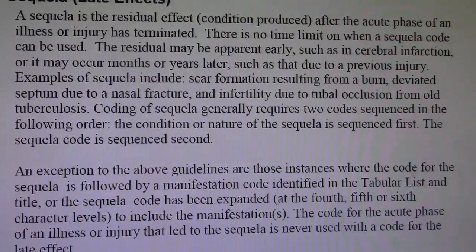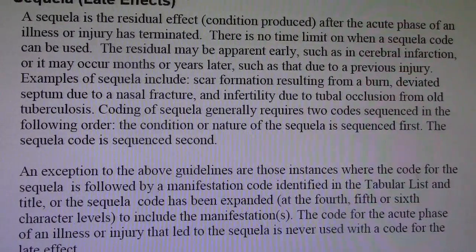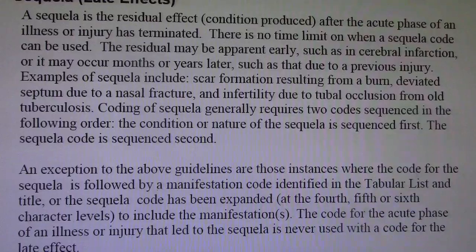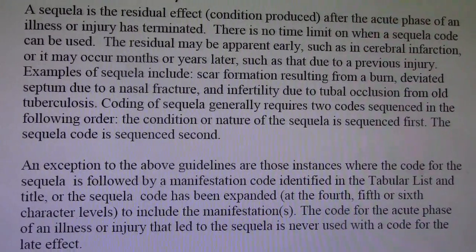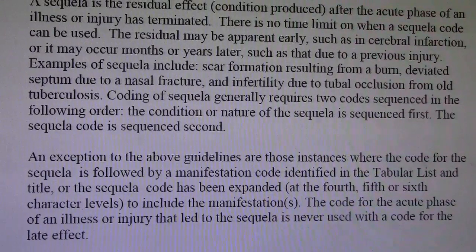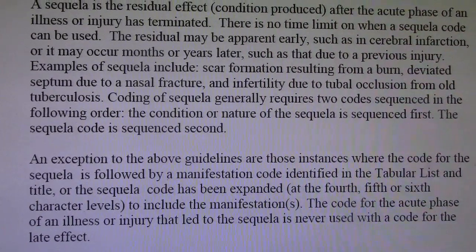Coding of sequelas generally requires two codes, sequenced in the following order. The condition or nature of the sequela is sequenced first, and then the sequela code is sequenced second.